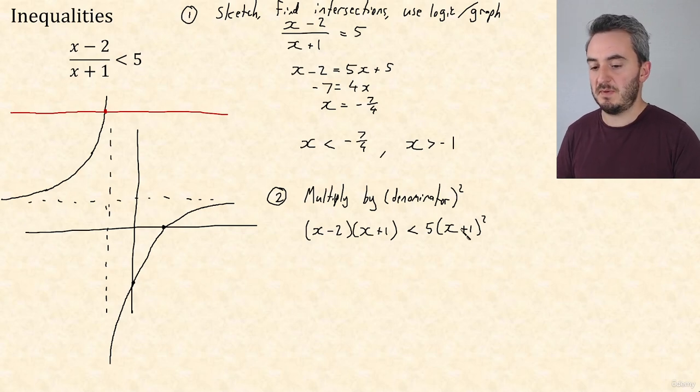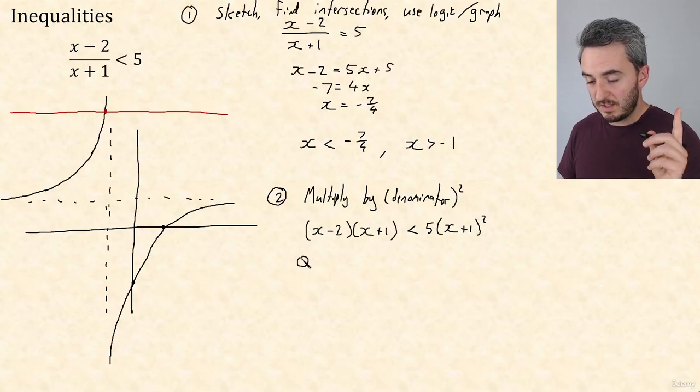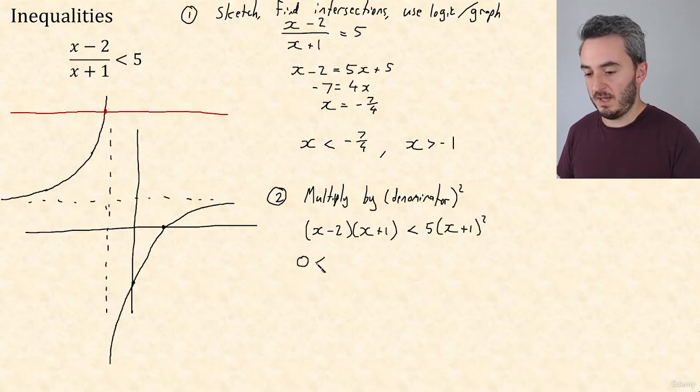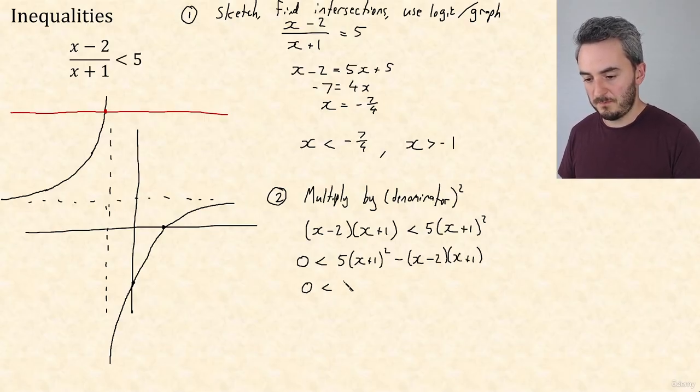And I can actually even be a bit sneaky here because x plus 1 is a factor of both sides. So let's get everything over to the right-hand side, but don't actually expand. 5x plus 1 squared minus x minus 2 x plus 1. Now look at this. I'm going to pull out a factor of x plus 1. And what does it leave me with?